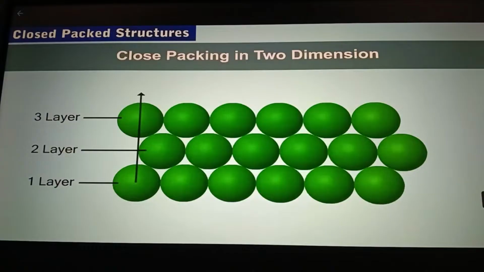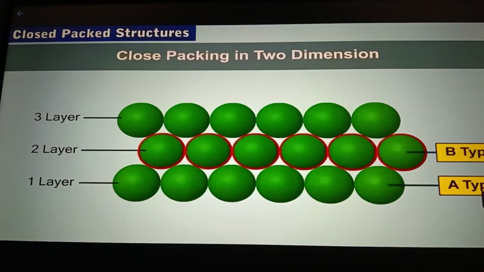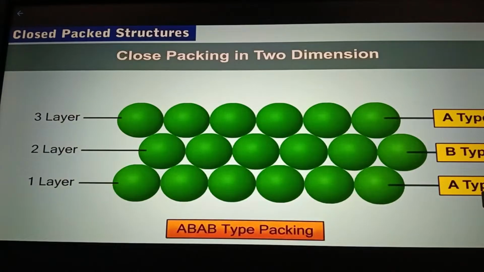This pattern is followed throughout. If the arrangement of the spheres in the first layer is of A type, then the arrangement of the spheres in the second layer is of B type. And the arrangement of the spheres in the third layer is again of A type, and so on. The packing thus obtained is called AB-AB type packing.